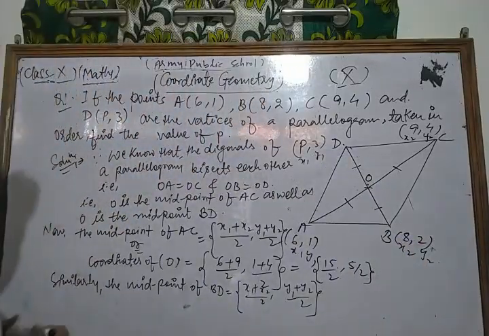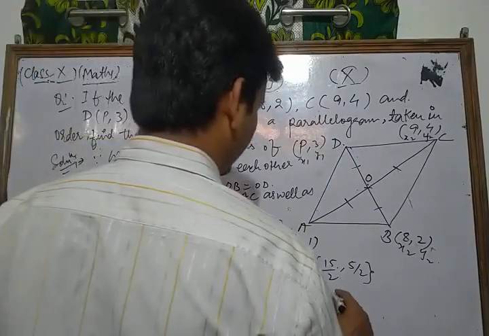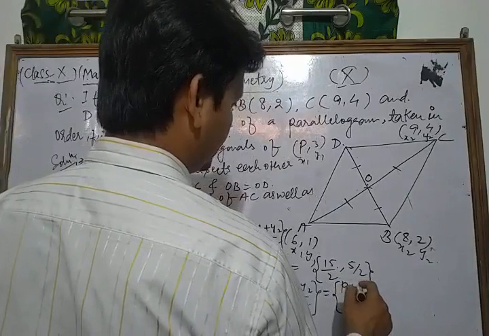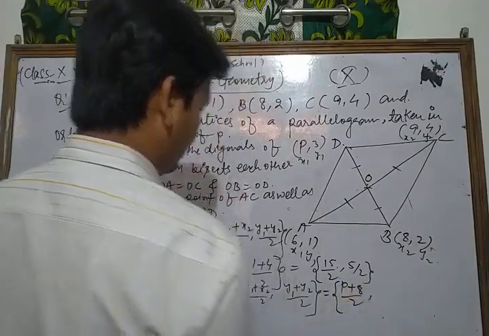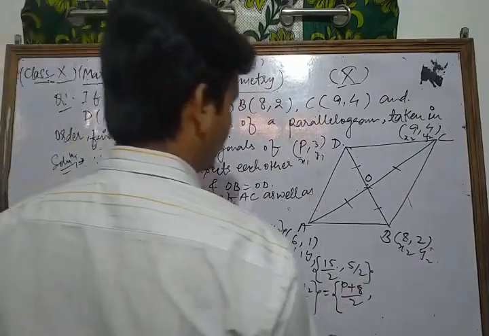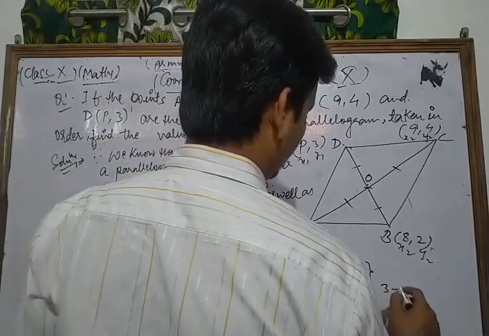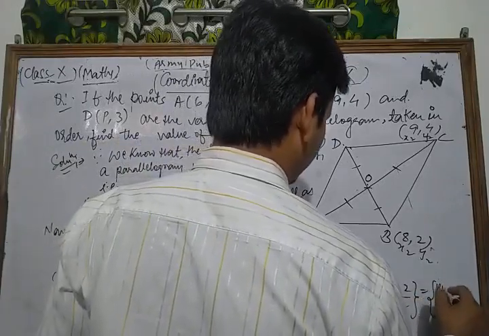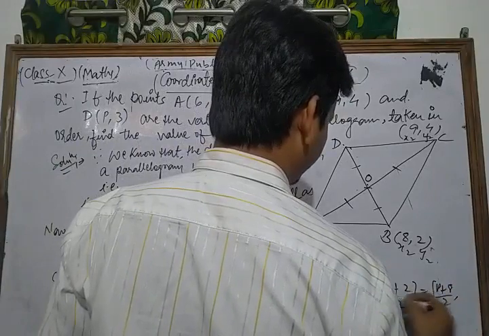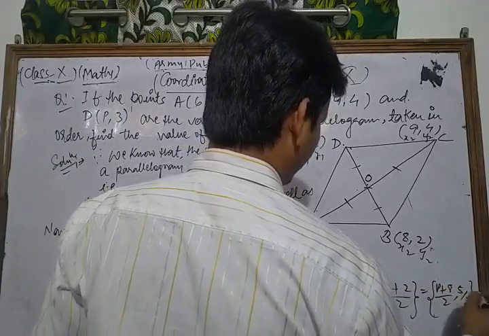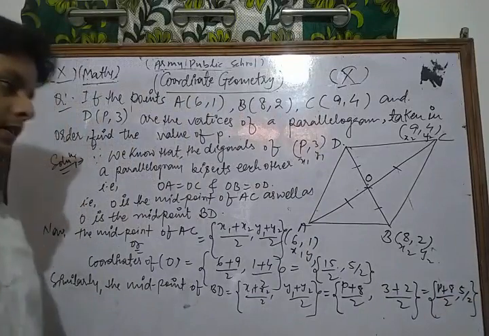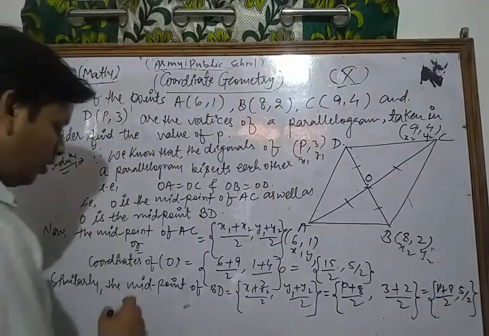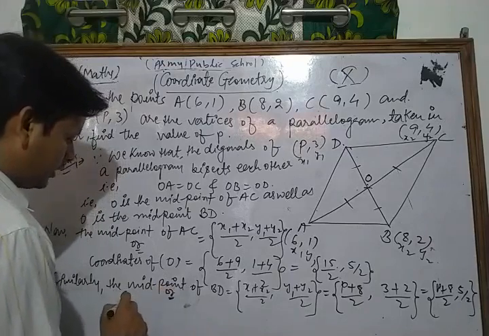So we get x1 is p, x2 is 8, so p plus 8 upon 2, comma, y1 is 3, y2 is 2, so 5 upon 2. So in this way we also find the midpoint of BD, which is also the coordinate of O.